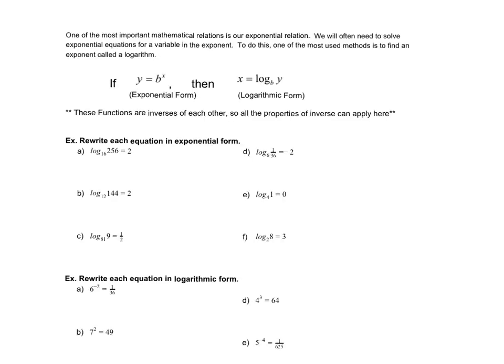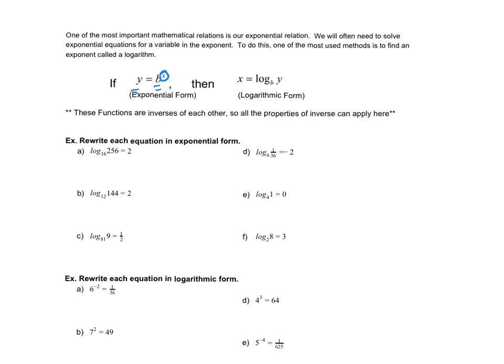Now, one of the biggest things we do with exponential functions is we introduce the concept of a logarithmic function. A logarithm, if you recall, is basically a way to figure out the exponent in an exponential. So our goal with making a log is to express the exponent in terms of the base b and this value y.